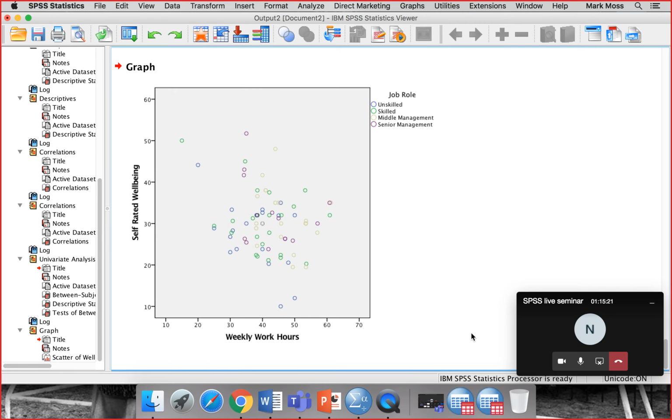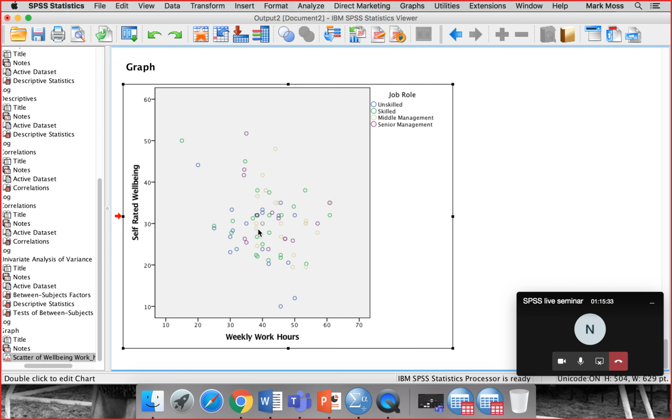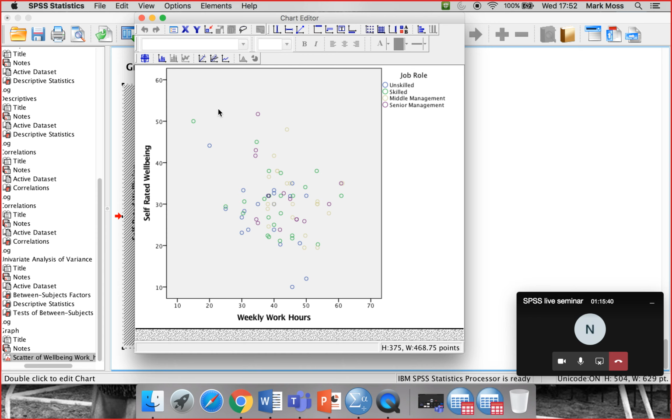And we get our scatter plot, and you can see that there's different coloured dots on the scatter plot, and the different coloured dots relate to whether people are unskilled, skilled, middle management, or senior management. And if I double click on there, it opens the chart editor box. And click on elements.